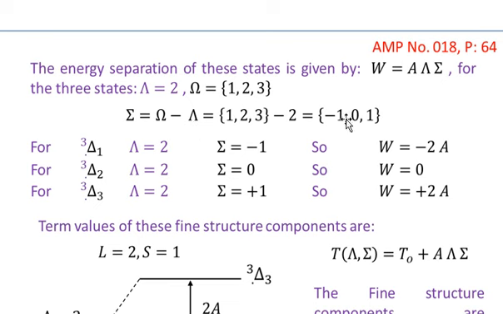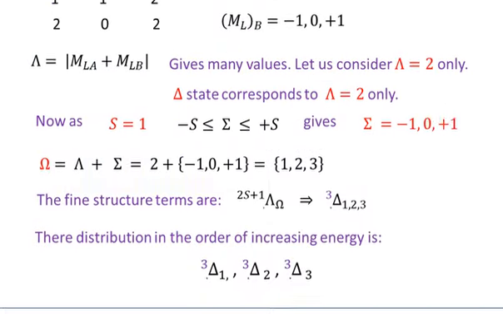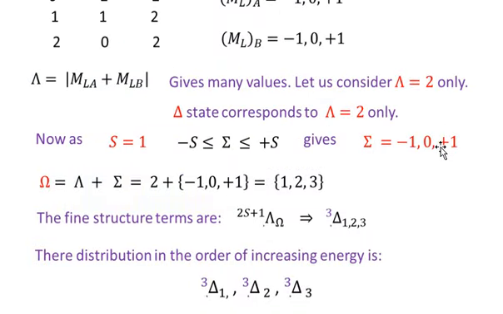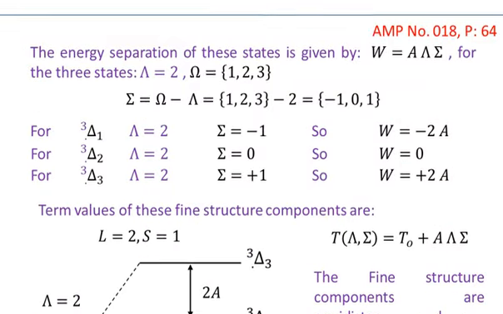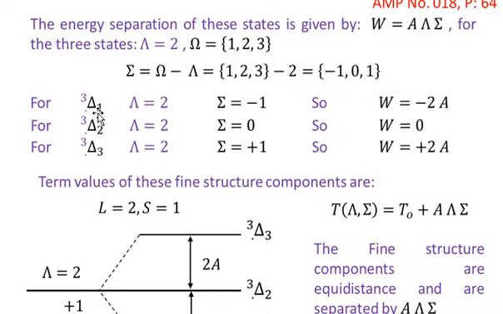If you notice over here, you don't need to use this equation because sigma is already -1, 0, and +1, and capital lambda is equal to 2. So 3 delta 1, since I am using a delta state, which means capital lambda is equal to 2, and this subscript indicates the value for which sigma was -1.